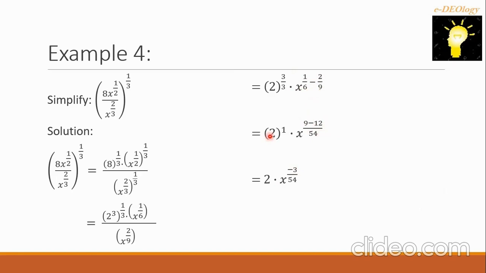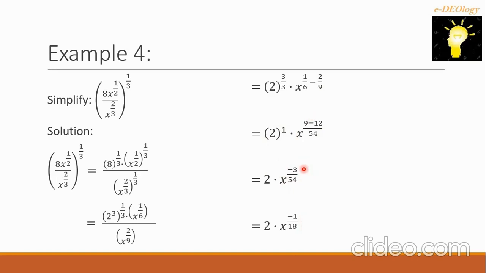On the next line, the 2 with exponent 1, we will delete the 1, no need to write. Now for the x, the 9 minus 12 becomes negative 3/54. Then we can put the exponent into lowest term. The negative 3/54 is the same as negative 1/18.